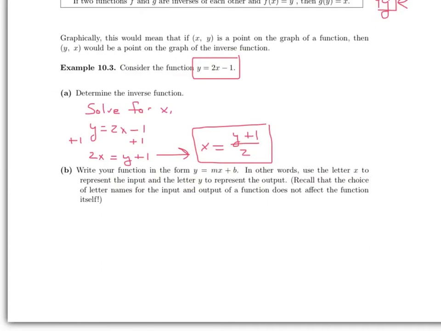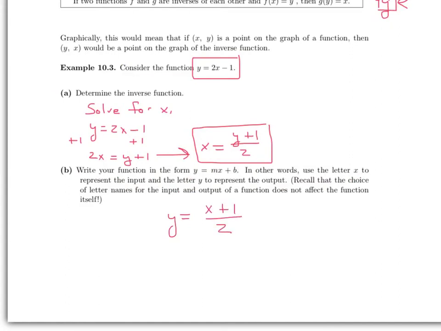We often, in algebra courses, use the letter x to represent the input of any function, and the letter y to represent the output of any function. Well, this is a function in its own right, and we can use the letter x to represent the input of that function and the letter y to represent the output. And if I did that, we would arrive at y equals (x plus 1) over 2.